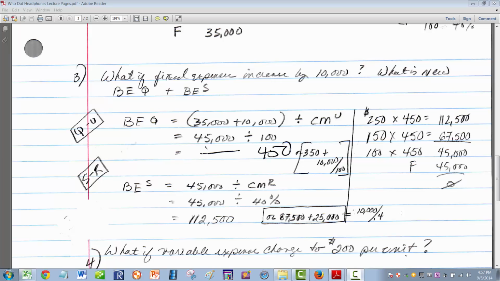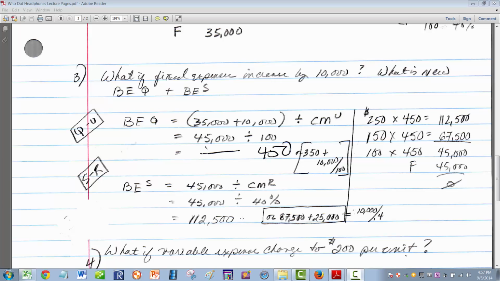You can take the change in fixed expenses and divide it by the contribution margin percentage. So if fixed expenses are going up by 10,000, you can divide it by 40% and immediately know that you need to make an additional 25,000 in order to break even now, because your fixed expenses went up by 10,000.